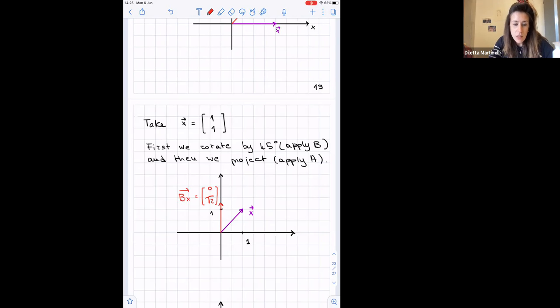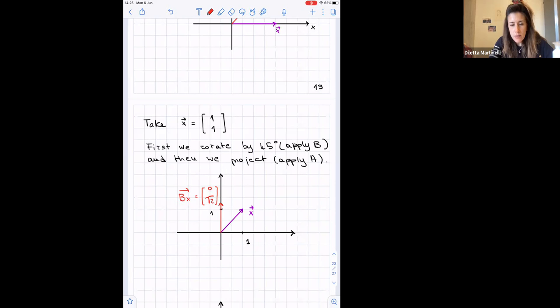Can you write in the chat what is the vector that we obtain after we apply A? Yeah, so A is the projection along the y-axis.